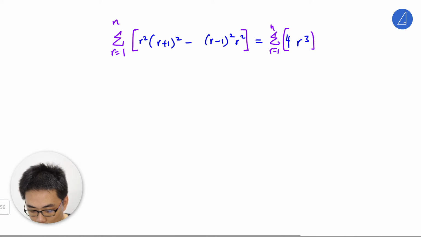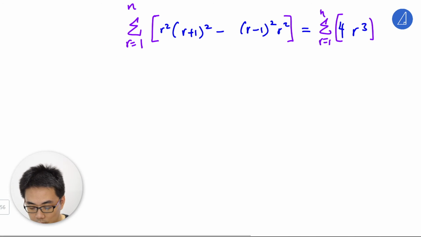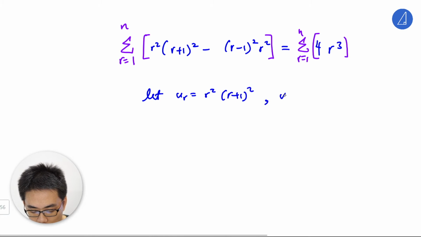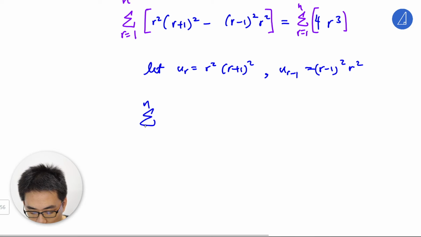Okay, then you just do this MOD, not an issue. So if you are lazy like me, right? I'm going to let UR equals r square (r plus 1) square, and then this will imply that UR minus 1 equals (r minus 1) square r square. Okay, so if you're lazy like me, I will just do this.